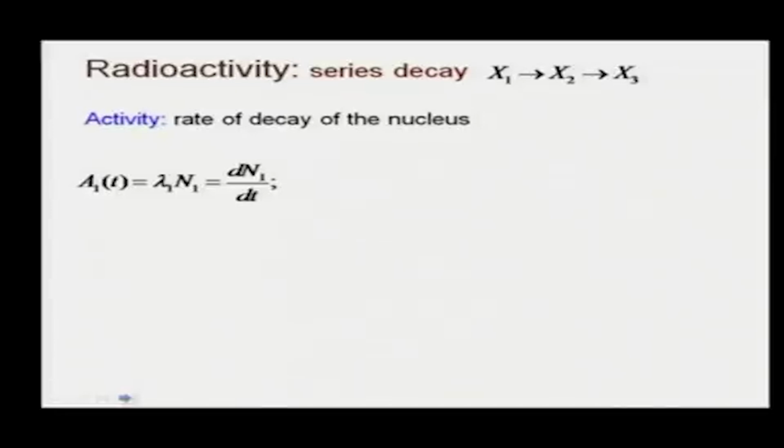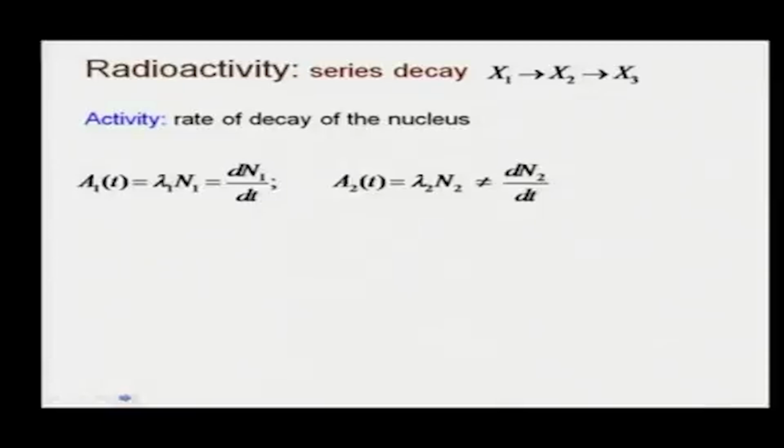The rate of decay in this case is slightly different. You cannot write it simply as lambda 2 n 2. In the case of x 1, we can write the activity or the rate of decay as a 1 equal to lambda 1 n 1, because it only decays, nothing is added to it.